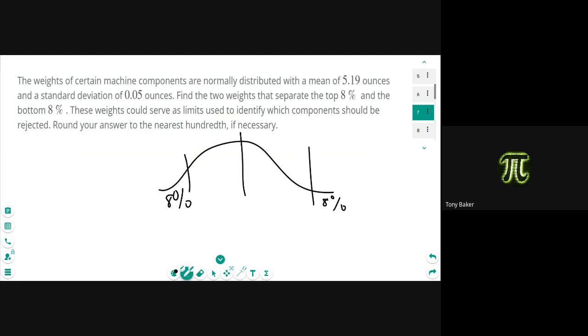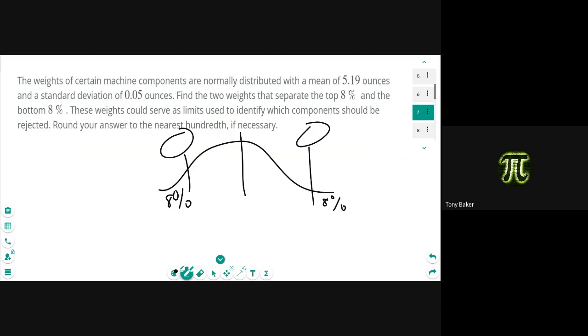There's my table. So we need to find our Z's for those. Remember, it's symmetric, right? So if I find the negative side, I also find the positive side.